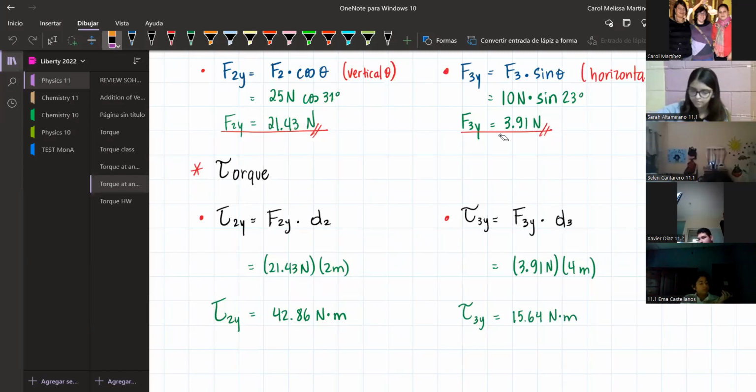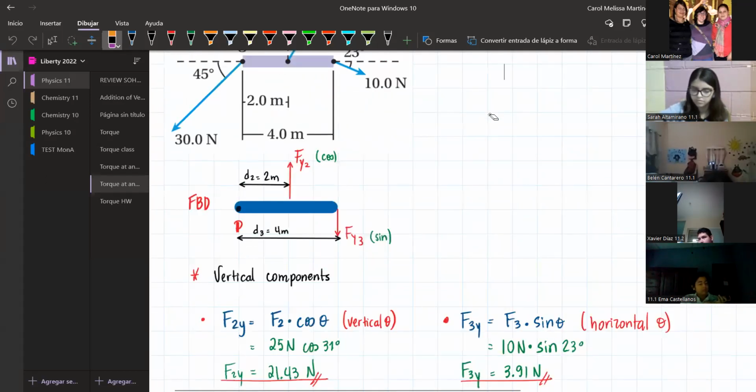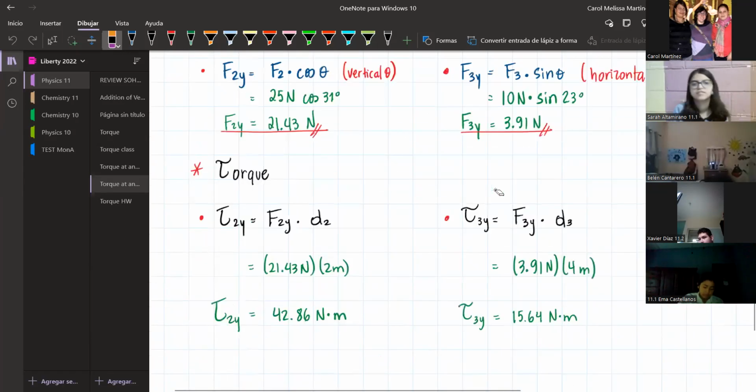Okay, the analysis of the directions. The first one, the force 2Y, is it gonna do a positive or negative torque? Positive. Okay. How do we say positive?